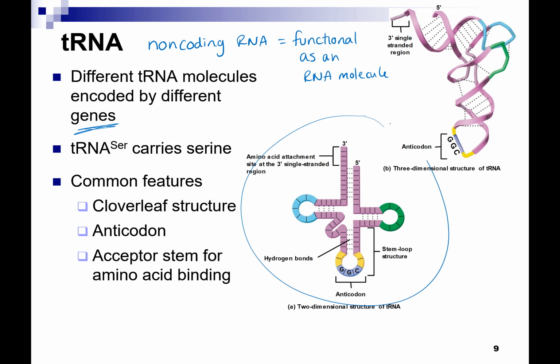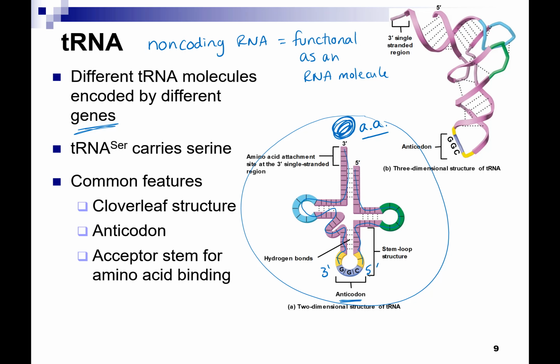They have what we call this clover leaf structure. Right up here at the 3' end is where the amino acid is bound, and each tRNA binds to a specific amino acid based on its anticodon. What does it need to bring in? I drew a blob over this, but if you can see, if you follow this around, this is the 3' end, this is the 5' end.